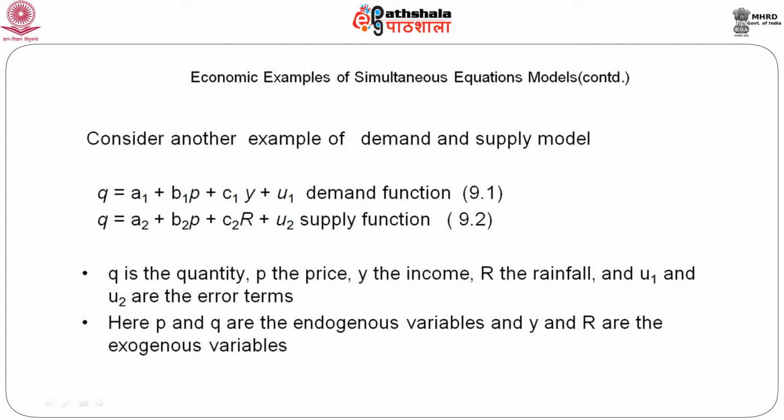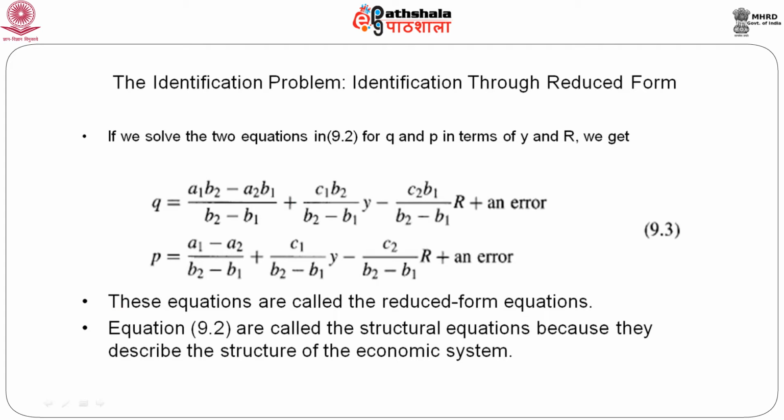Now, as in our earlier case, using this notation, you can have the reduced form of the system where quantity is expressed only as a function of income and rainfall, and similarly price is expressed as a function of income and rainfall.